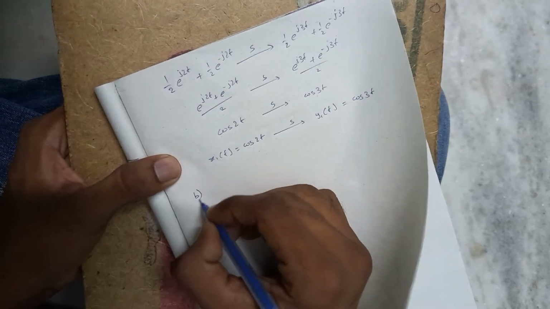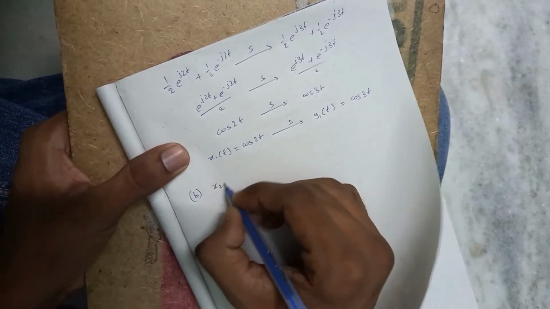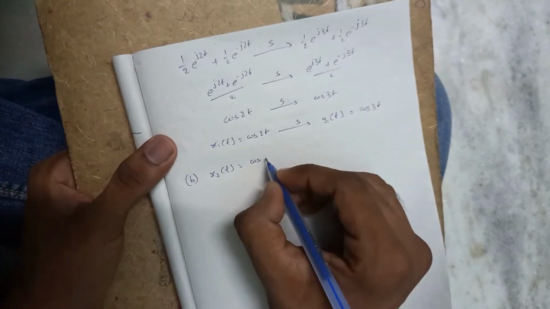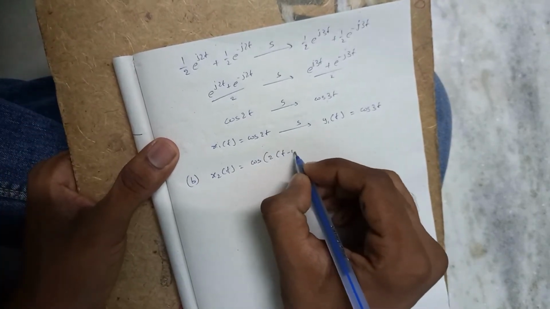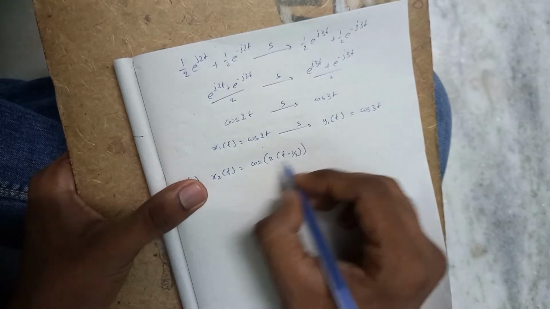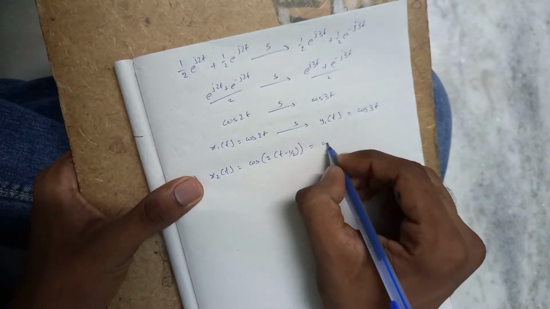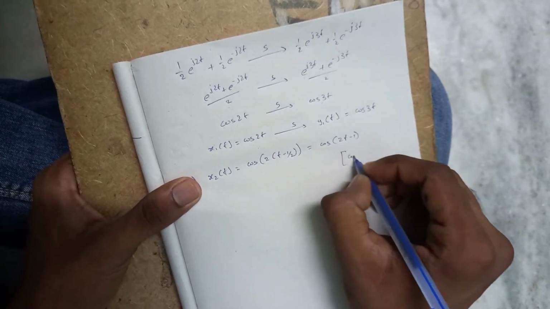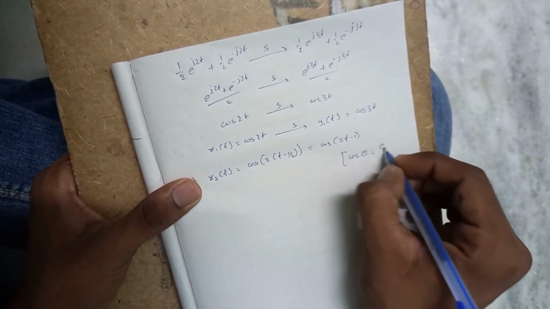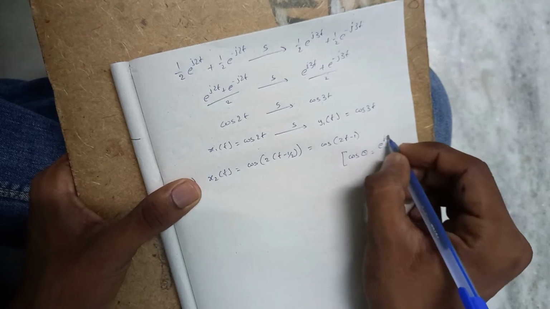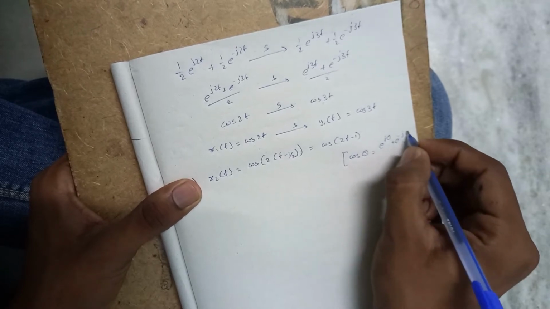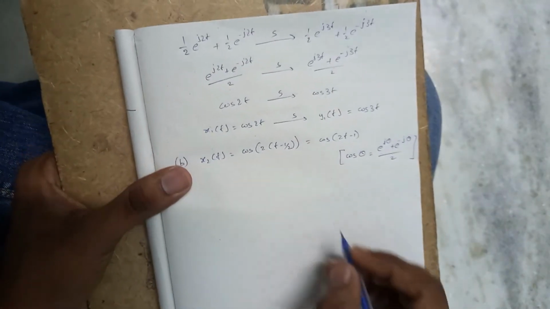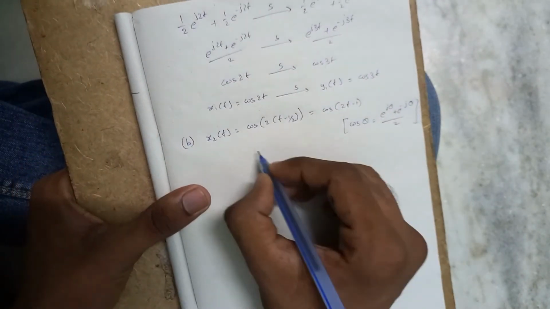Next, x2 of t is equal to cos of 2 into t minus 1 by 2. So we can write it as cos of 2t minus 1. In general, cos theta is equal to e power j theta plus e power minus j theta whole divided by 2, same as the previous one we did.